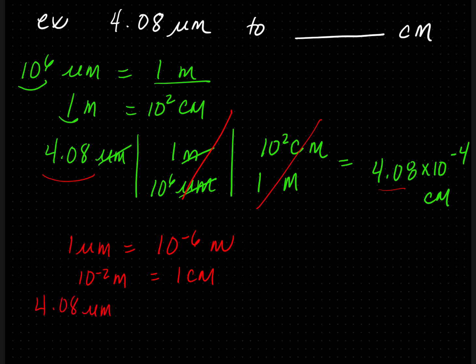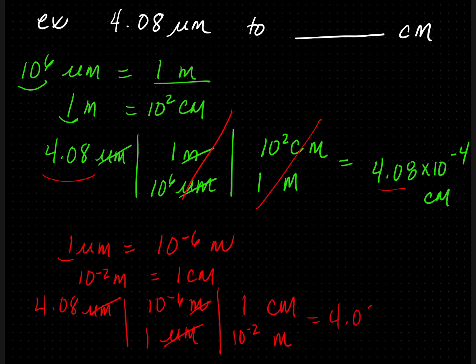So micrometer, diagonal is micrometer. Number in front is 1. On top is 10 to the negative 6 meters. Micrometers cancel out. Meters, this is meters. Centimeters. There's 10 to the negative 2. And this is 1. And if I do my math, I will still get the same answer with correct sig figs.